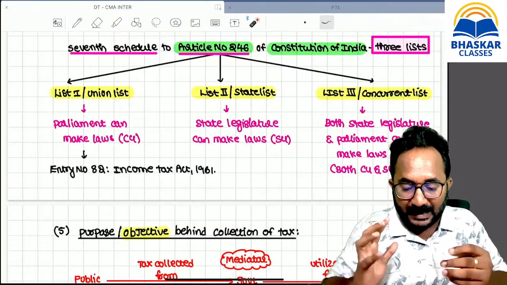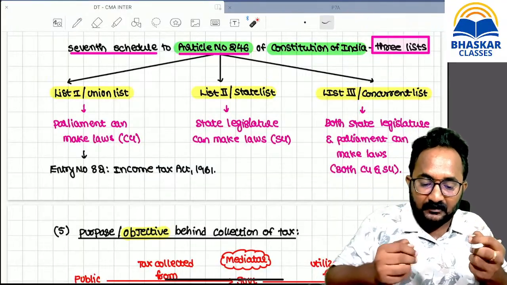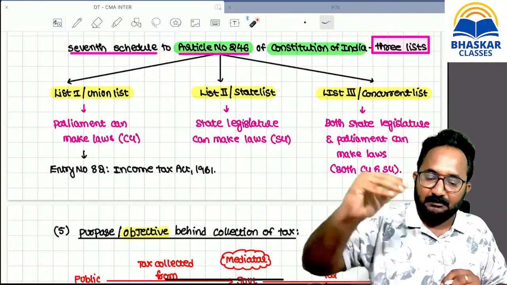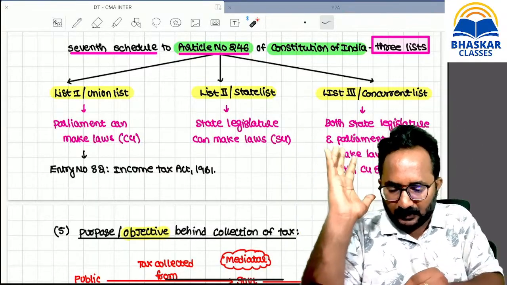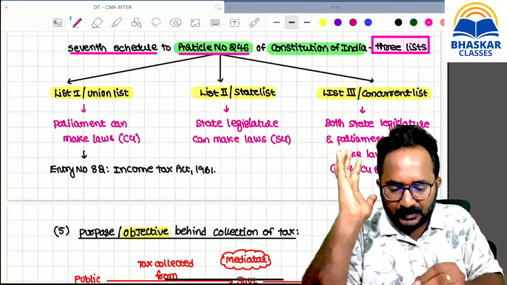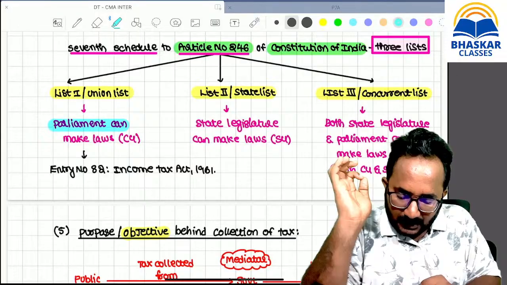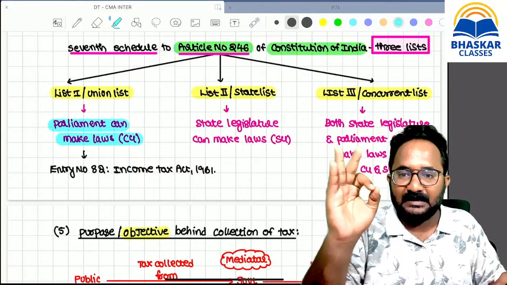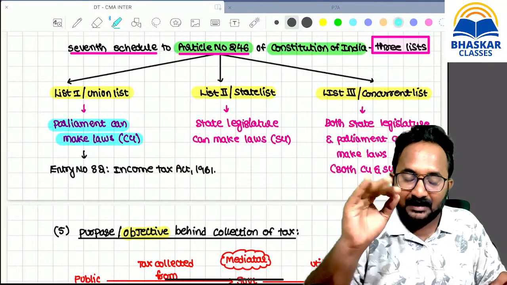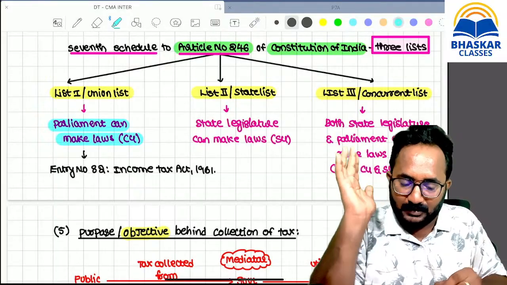We have the names of laws which were already framed in the past. In list 1 we have many laws. Why is it called list 1? Because these laws are framed by Parliament, that is, at central government level.